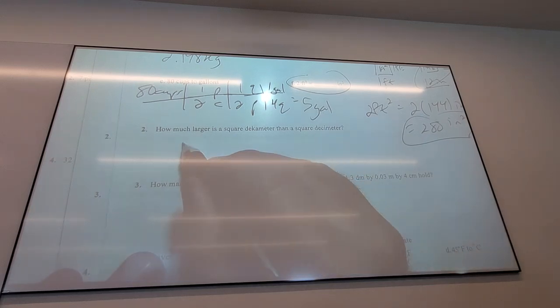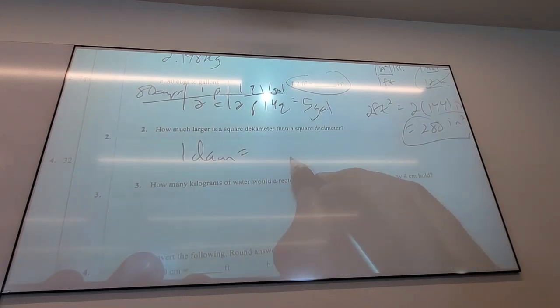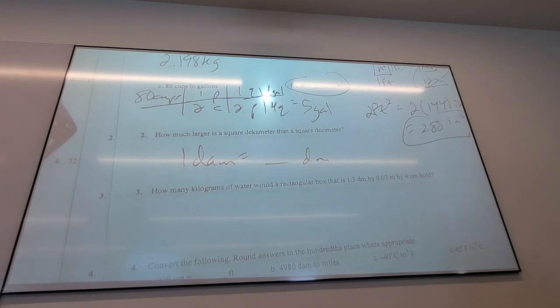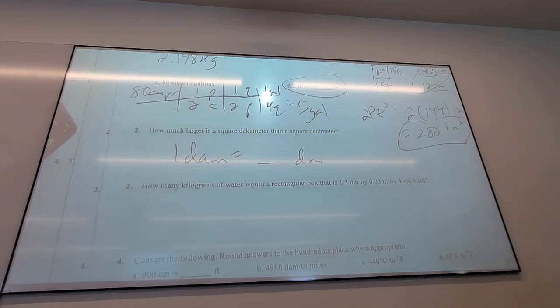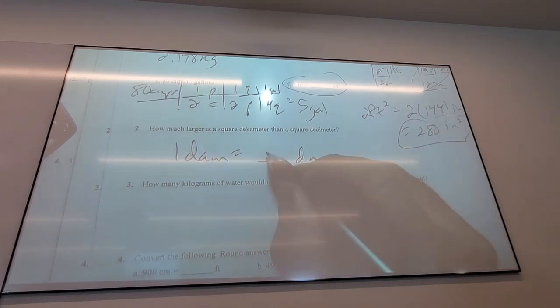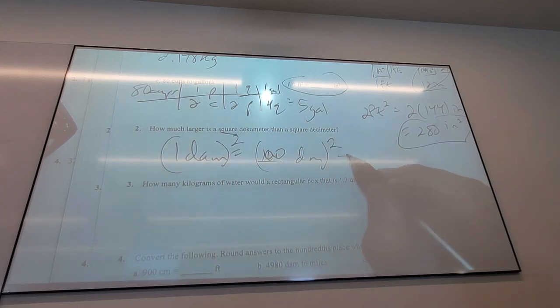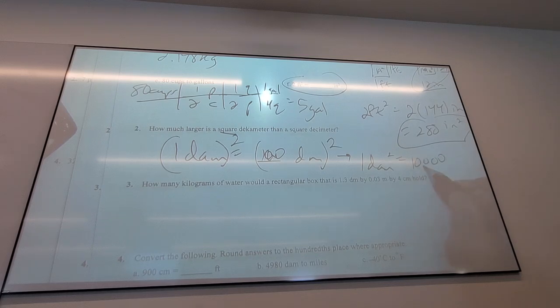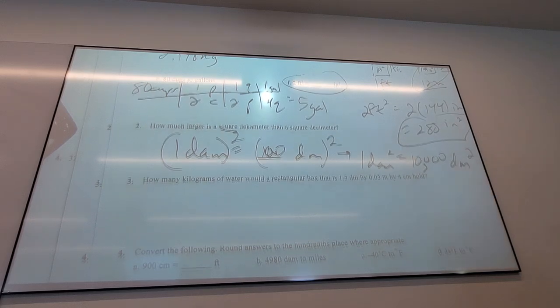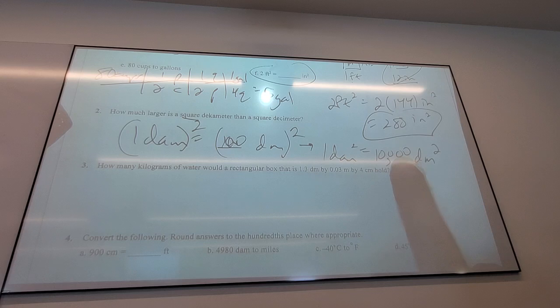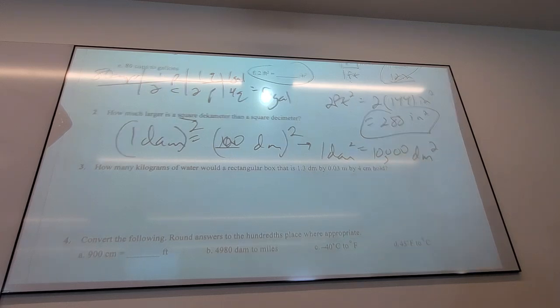So again, 1 decameter is how many decimeters? 100. But you gotta move over twice, correct? But this problem's all about squared units, yes? So then I just square. So 1 square decameter is 10,000 square decimeters, so therefore 1 square decameter is 10,000 times as big as a square decimeter.